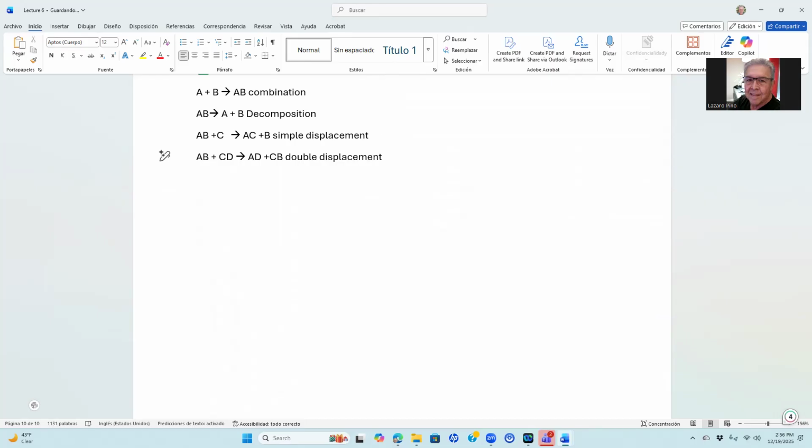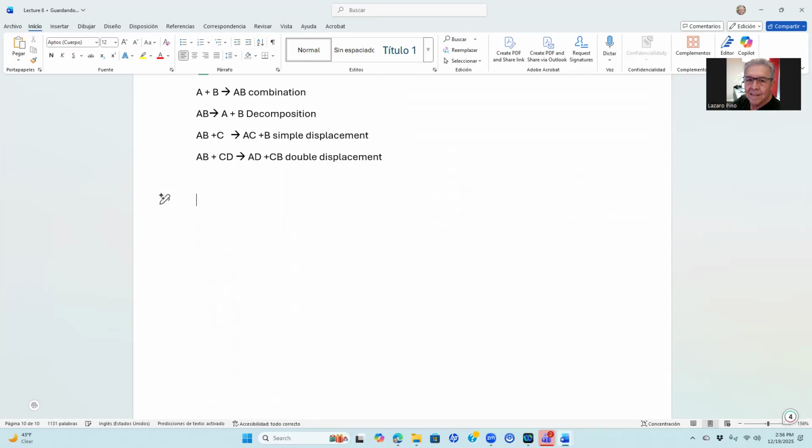It's a double displacement because one atom here, A, takes the position of C, and C goes and takes the position of A. This is a double displacement.